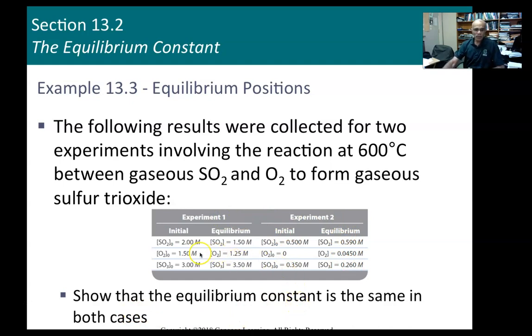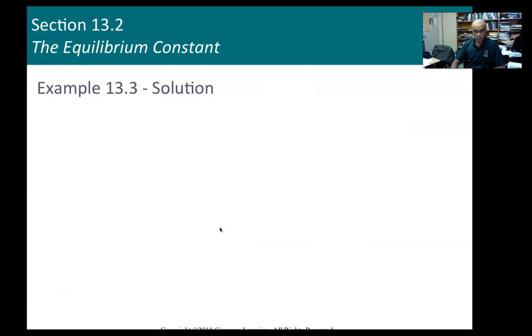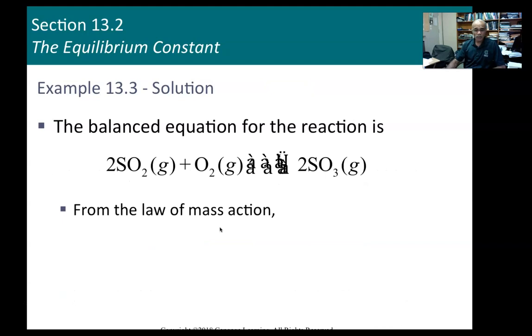So what do you do? You find the chemical equation. Let's write the chemical equation. So this is the chemical equation. So 2 moles of sulfur dioxide and a mole of oxygen combine to give you 2 moles of sulfur trioxide.